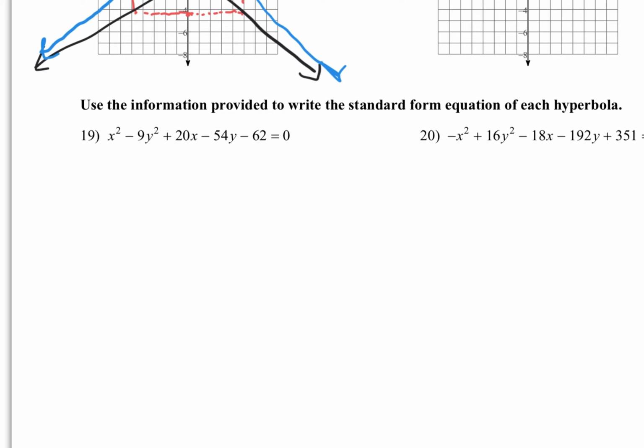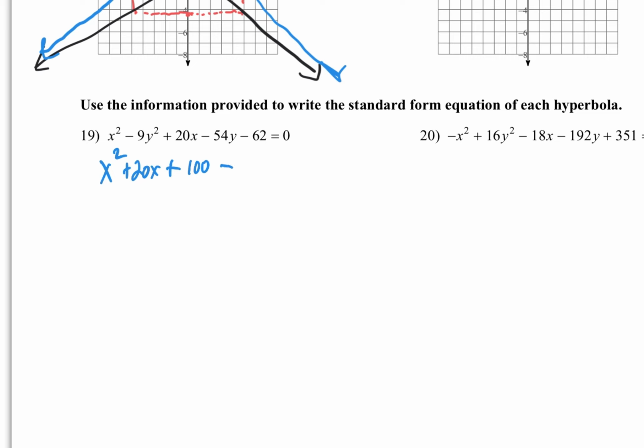Put it in order. So we always want our positive to go first. So our x is positive. So we're going to go x squared plus 20x plus complete the square. Half of 20, 10. 10 squared is 100.